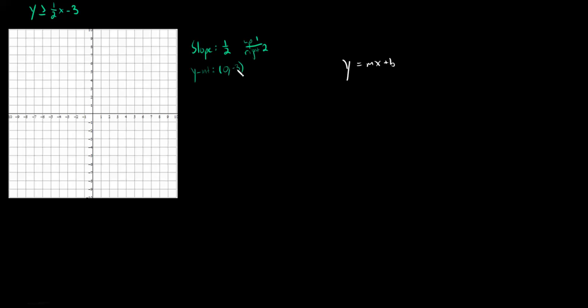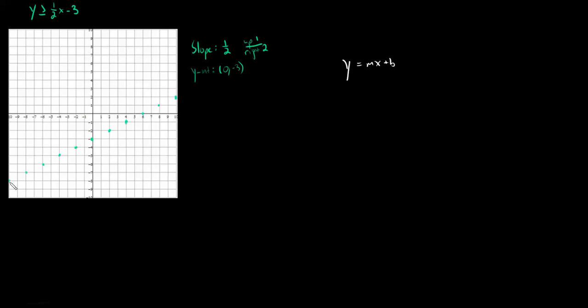Even though this is an inequality, we start the exact same way. We plot our y-intercept and we use our slope, up 1 right 2, up 1 right 2. I'm going to go ahead and do that, and I can go backwards, down 1 left 2, and I can do that for a little while.